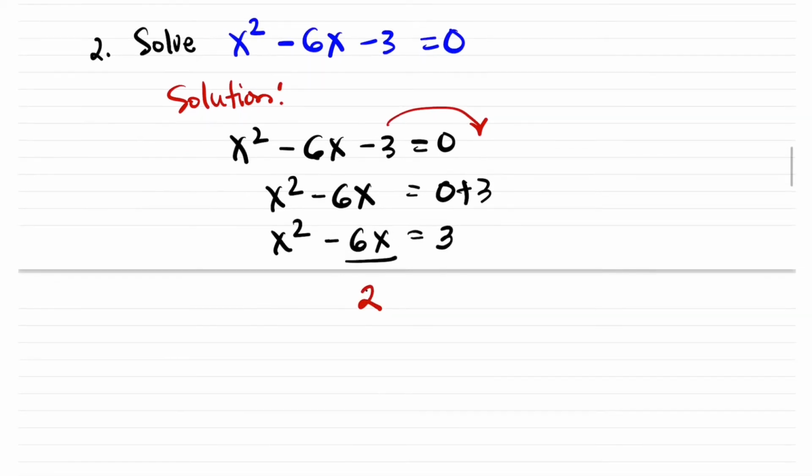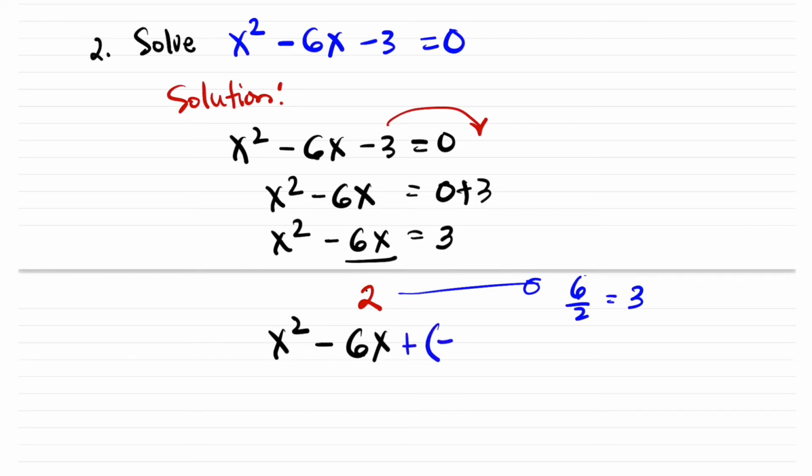Alright, so therefore the answer would be x squared minus 6x. What is this? Here, 6 divided by 2 is equal to 3. So therefore this is plus negative 3 squared, because negative 6 divided by 2 is equal to negative 3.